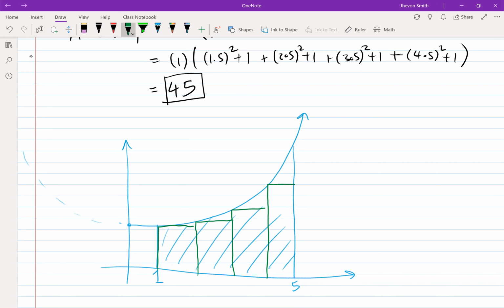So you would expect that the left hand should probably give you one of the smallest answers here, while the right hand should give you something that's a little bit bigger than the actual area. Whereas the midpoint would give you something in between.